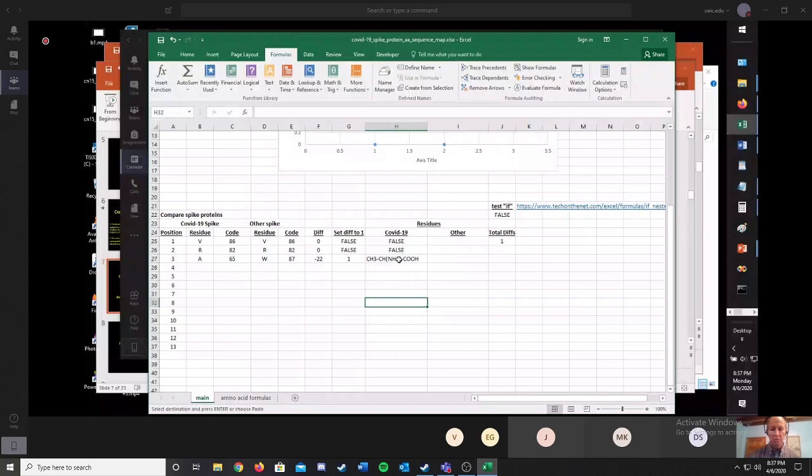So when this is all said and done, we'd have COVID-19 spike protein compared to some other one. Let's say it's a bovine, or it could be a bat spike protein. And then have a list here of all the differences, and then it will show the chemical structure in each area that's different.